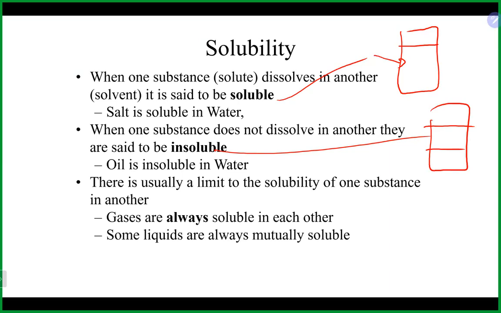There's usually a limit to the solubility of one substance in another. The solubility of solids in liquids, or how much of a solid you could get to dissolve in water at a particular temperature, is related to the temperature. Typically, if you increase the temperature, you can get a lot more solid to dissolve in a liquid like water. And if you decrease the temperature, you can get less solid to dissolve.